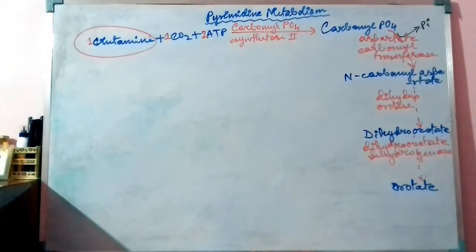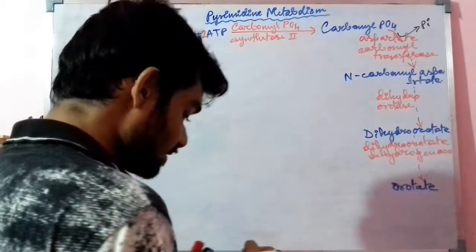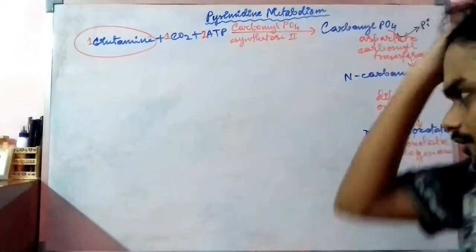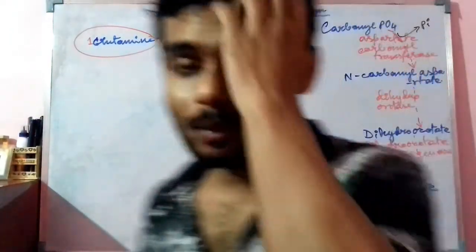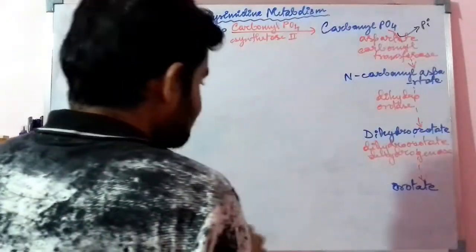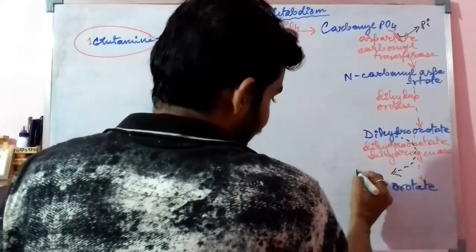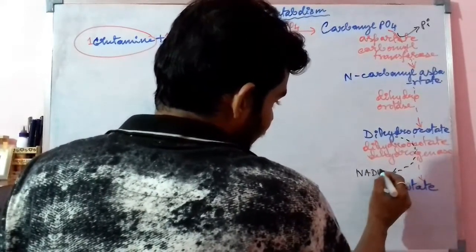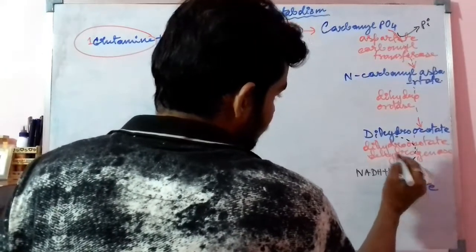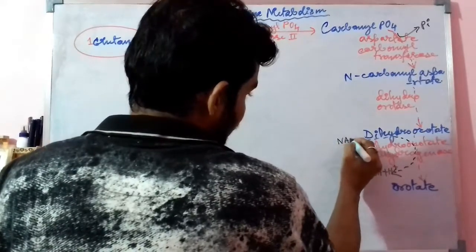Here the conversion takes place with the donation of one proton from the dihydroorotate. Dihydro means two hydrogen atoms are present, right? So from these two hydrogen atoms, one hydrogen atom is liberated or donated. That donated hydrogen atom is taken by NAD+, forming NADH plus H+.